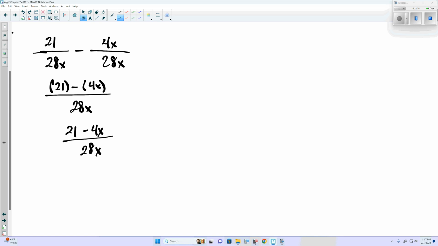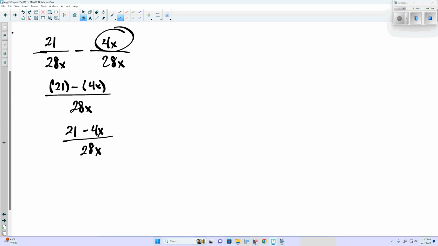Unlike the last one, if we had just said 21 minus 4x, that would have been fine, because the term we're subtracting, 4x, is just one term, unlike the last one where we had 3. The parentheses are helpful just to make sure we apply that negative to every single term it's supposed to be applied to. Here, since it's 1, we do the minus, it's there.